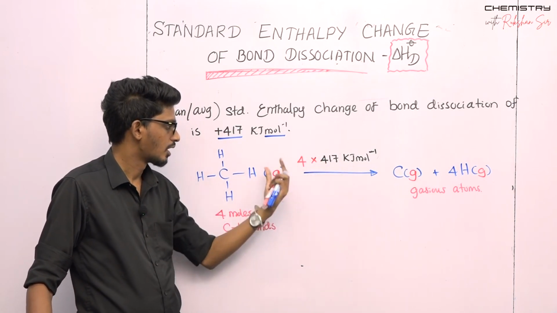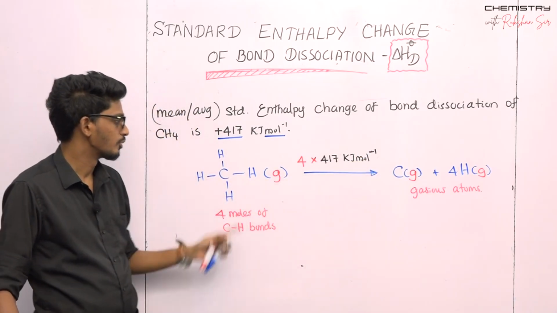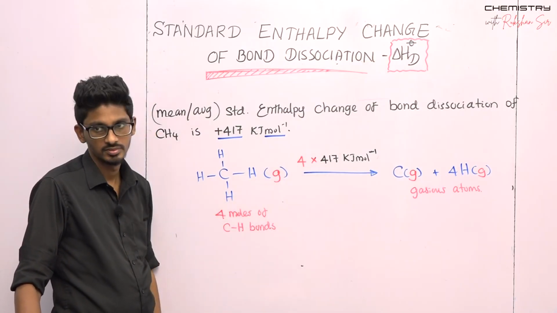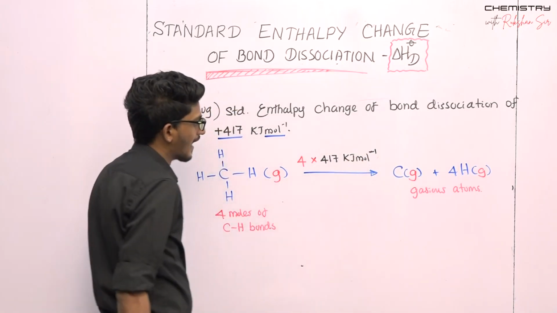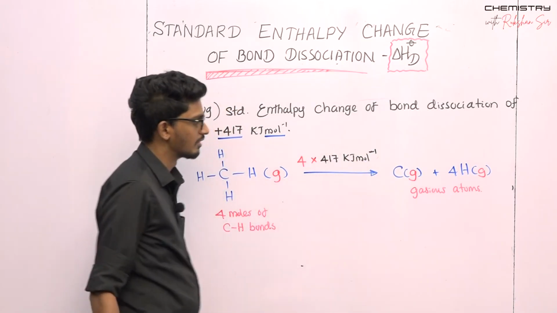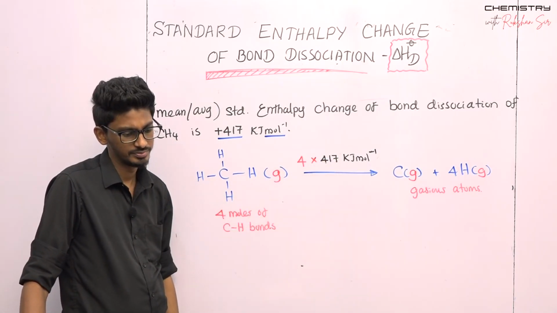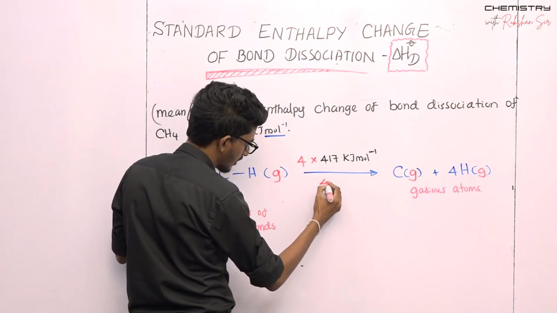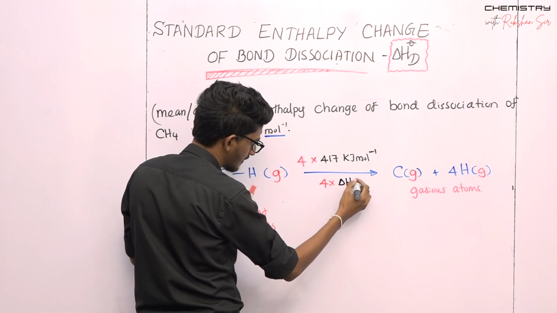But to come up as monoatomic species, you have to break 4 moles of CH bonds in total, so this should be multiplied by 4. This value is referred to as the average or mean bond dissociation enthalpy. One can write this as 4 into delta H naught D.